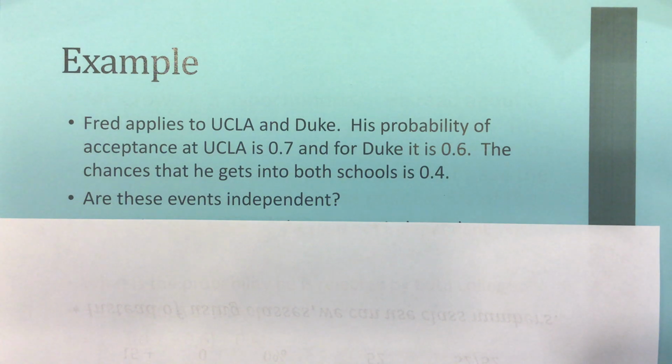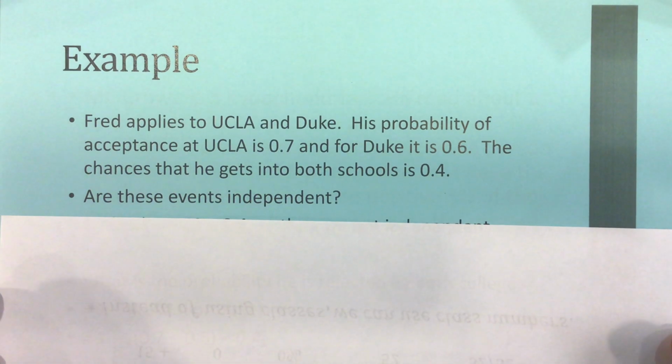Okay, so now there's 3 ways to test for independence. You have to use one of them. Okay, don't just say, oh, well, UCLA and Duke are different schools, so they must be independent. No, that's not how it works. Right? They might be looking for some criteria that's the same, or they might be looking for some criteria that's very different. So knowing that he got into UCLA might adjust your guess of whether he gets into Duke or not, and vice versa.